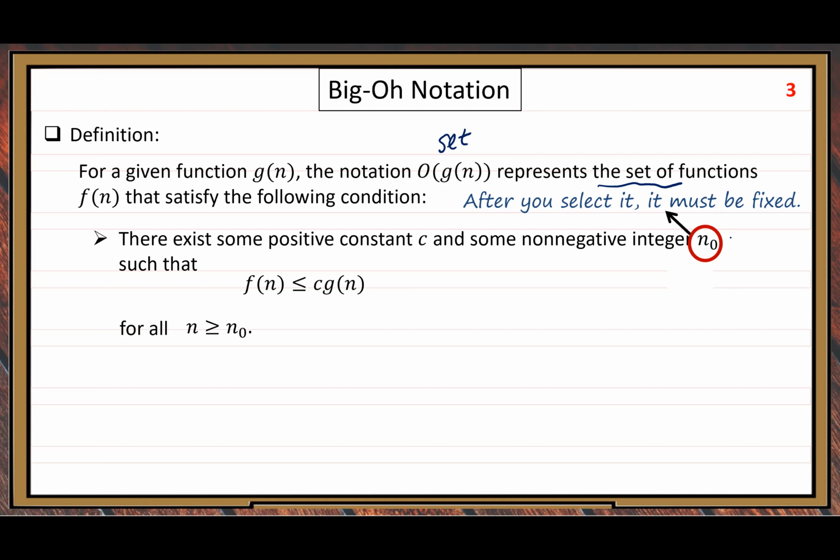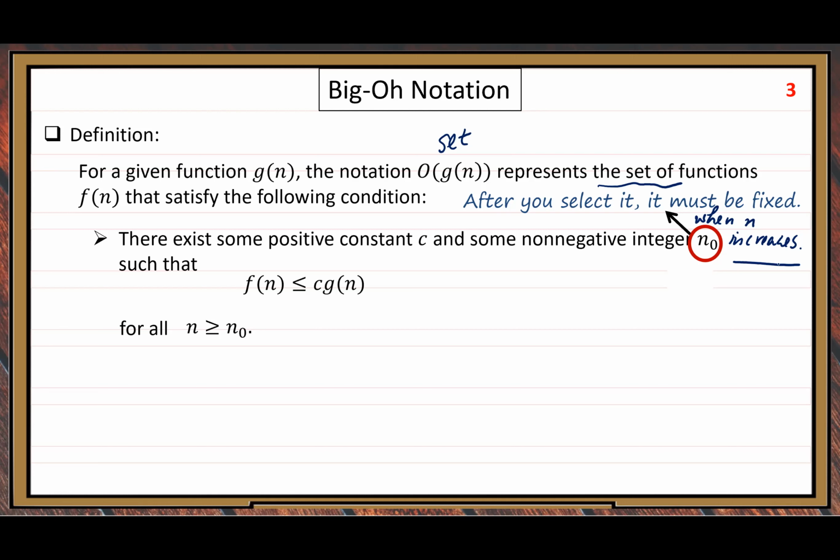But after you select it, it must be fixed. It's a constant. This constant must be fixed when n grows, because you can change the n value, right? When you increase your n values, this n0 has no change.